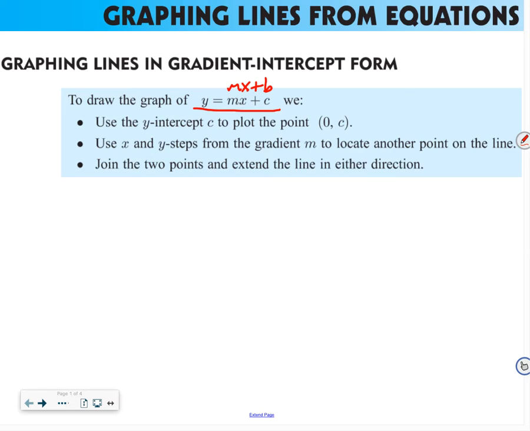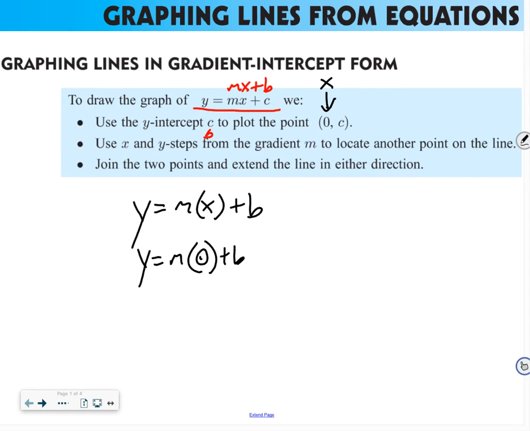Okay. Notice the y-intercept is our c or b value, and we can always plot that point. We know that that's our y-intercept because if we plug in 0 for x in an equation of the form y equals mx plus b, we get y equals m times 0 plus b.